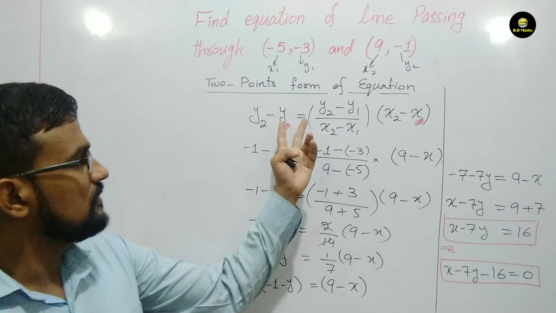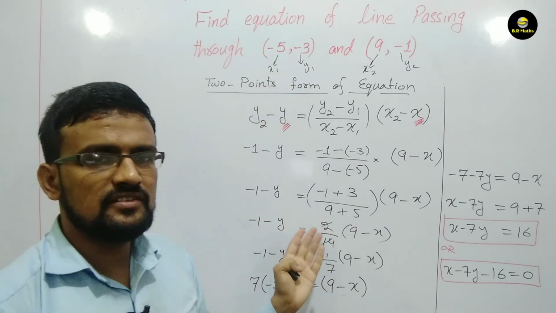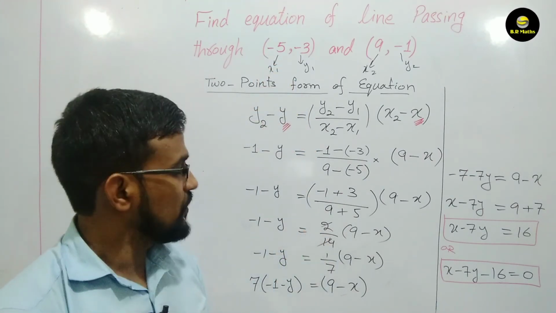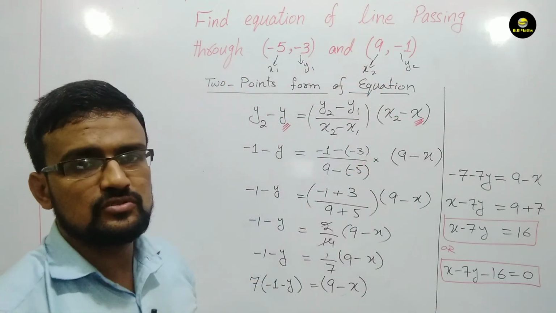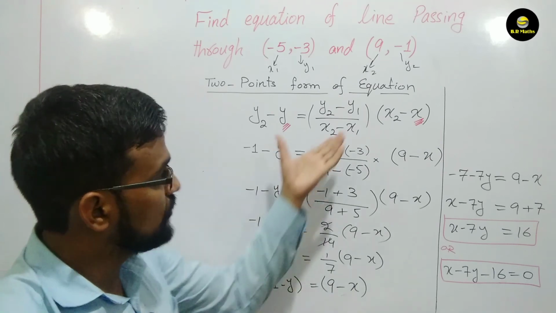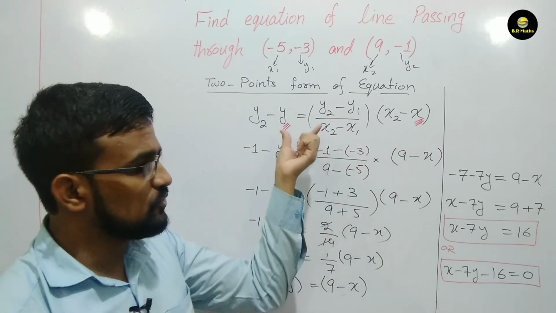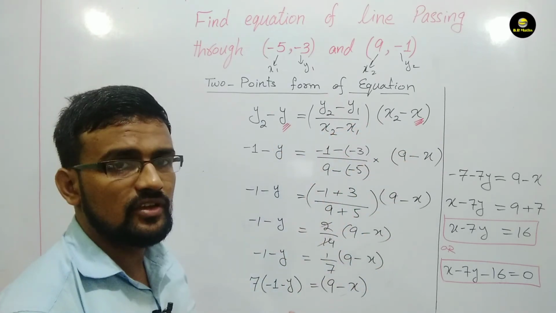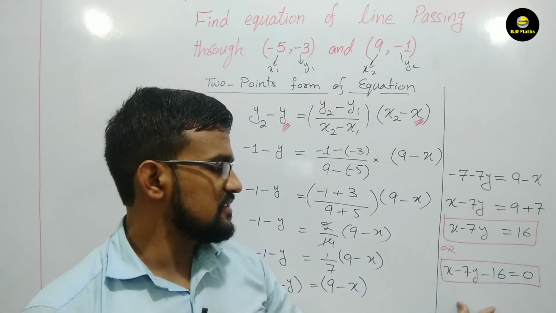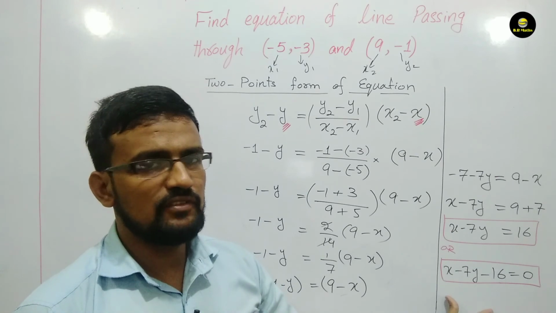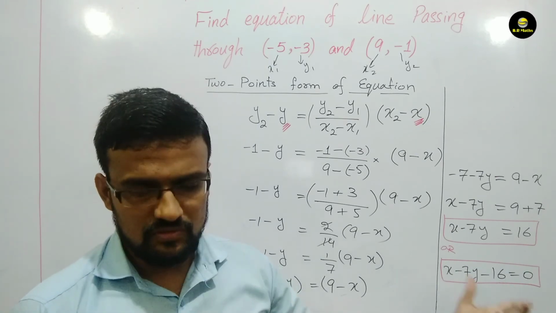Students, this is the format and this is our final result. This is the equation of the line passing through these 2 given points. By using the 2-point form of the equation and putting the values, the final result is x minus 7y minus 16 equal to 0.